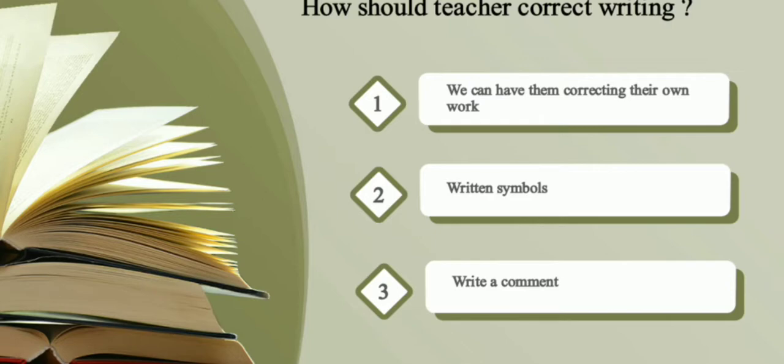Next is using symbols. One way of avoiding the overcorrection problem is for teachers to tell their students that for a particular piece of work, they are only going to correct mistakes of punctuation, or spelling, or grammar, etc. This has two advantages.